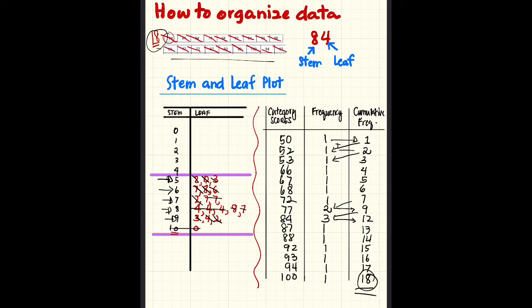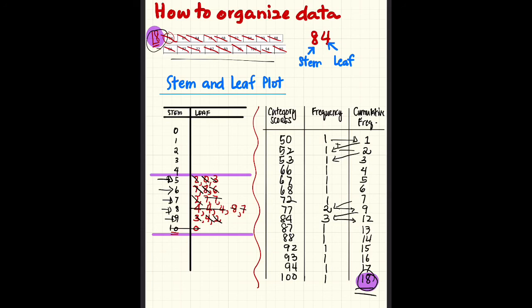Cumulative frequency 18. Okay? And then we check 18. So you can say that your frequency table is correct and your ordering of numbers is correct as well.